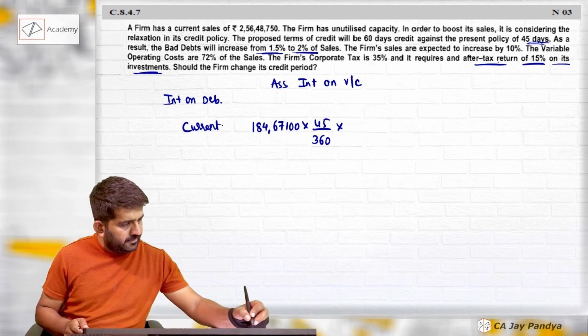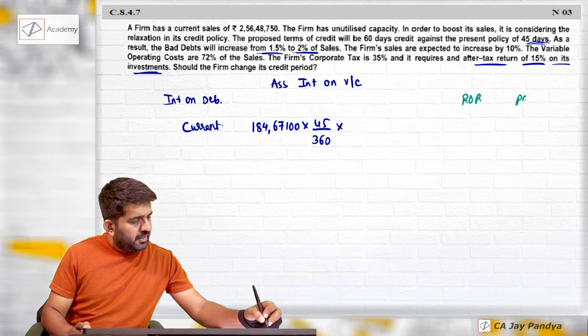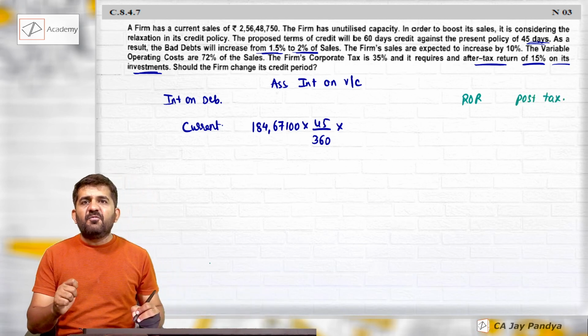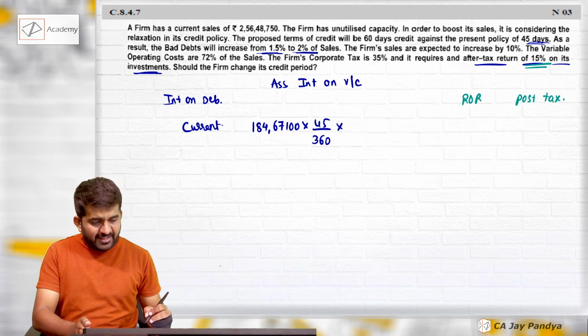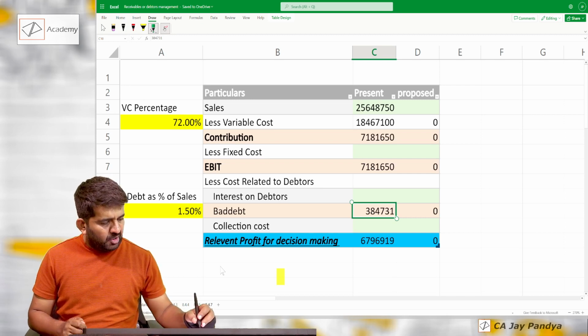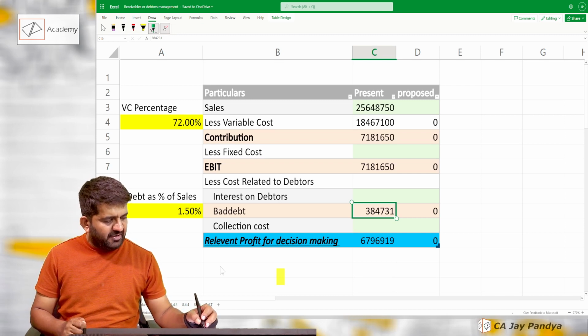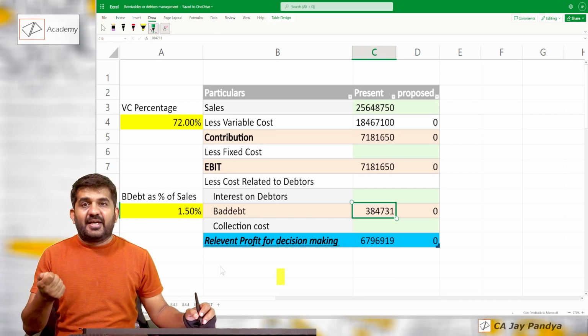Try to understand. Required rate of return is given post-tax. If we find out interest based upon this figure, 15%, then there is a problem. Because whatever answer we have got, 71,81,650, this answer is pre-tax and not post-tax.